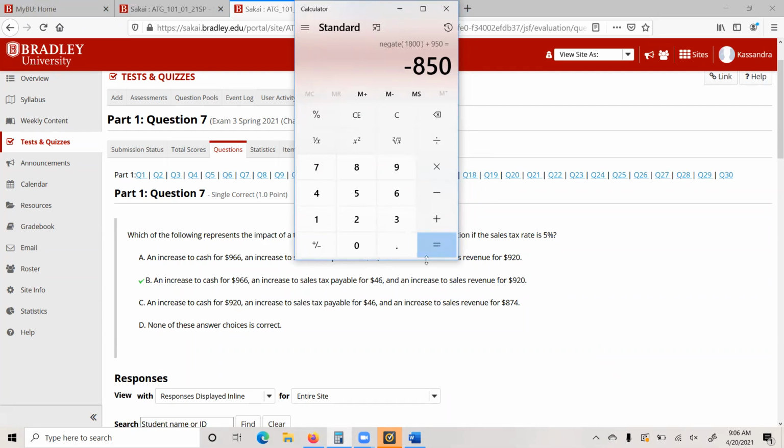And that was $920 of sales revenue times, the easy way is to do 1 plus the sales tax rate to determine how much cash you would have received. So 1.05. So the cash received from the customers would have been $966. So that narrows us down to either A or B.